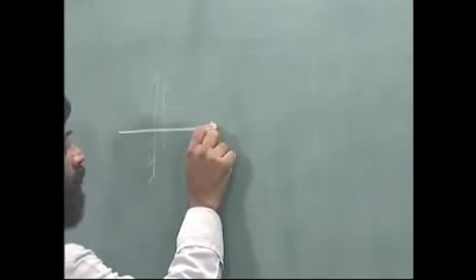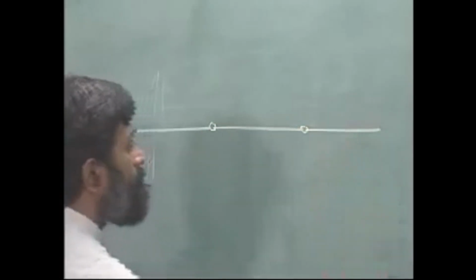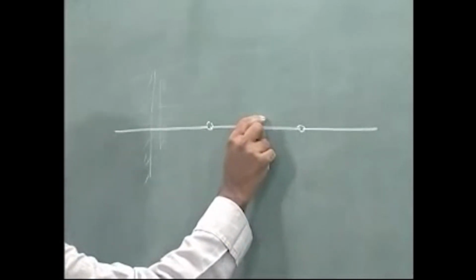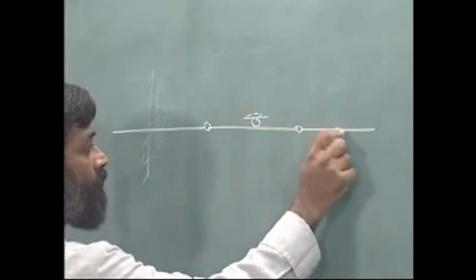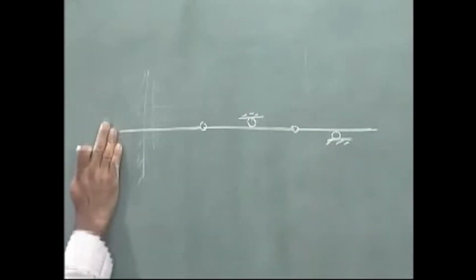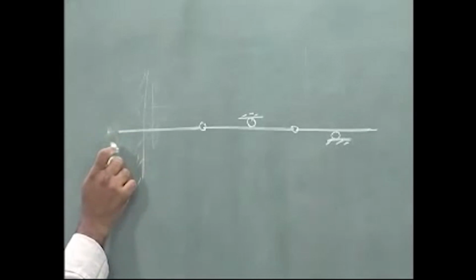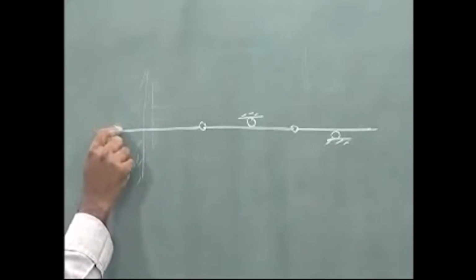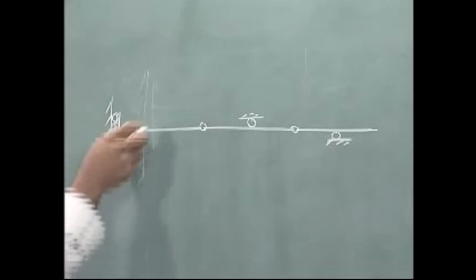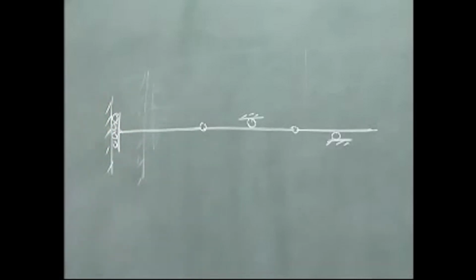If we do that I am going to draw this line diagram again. What do I have? I have a support over here, I have another support over here, I am just drawing those supports. At A I am releasing the vertical displacement, yet rotation is not possible, okay.